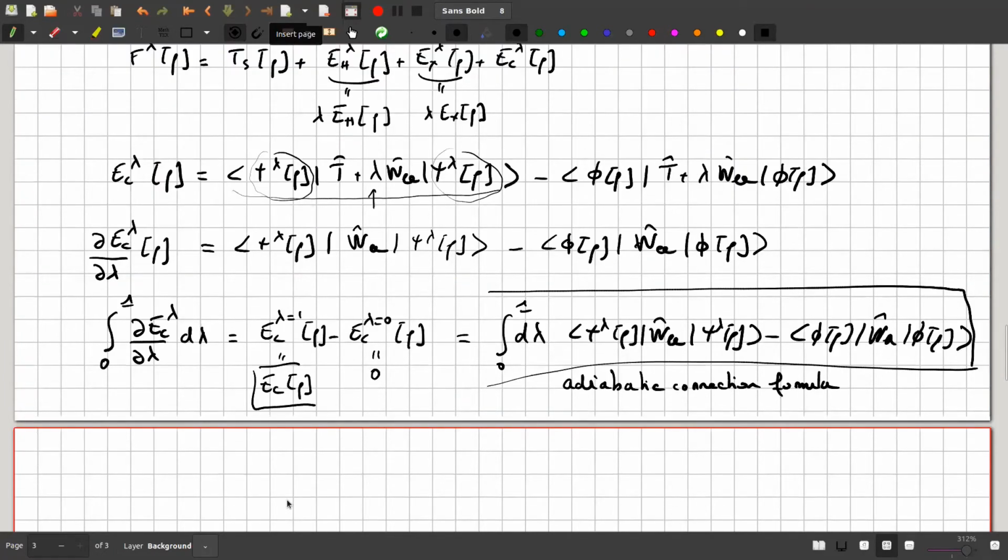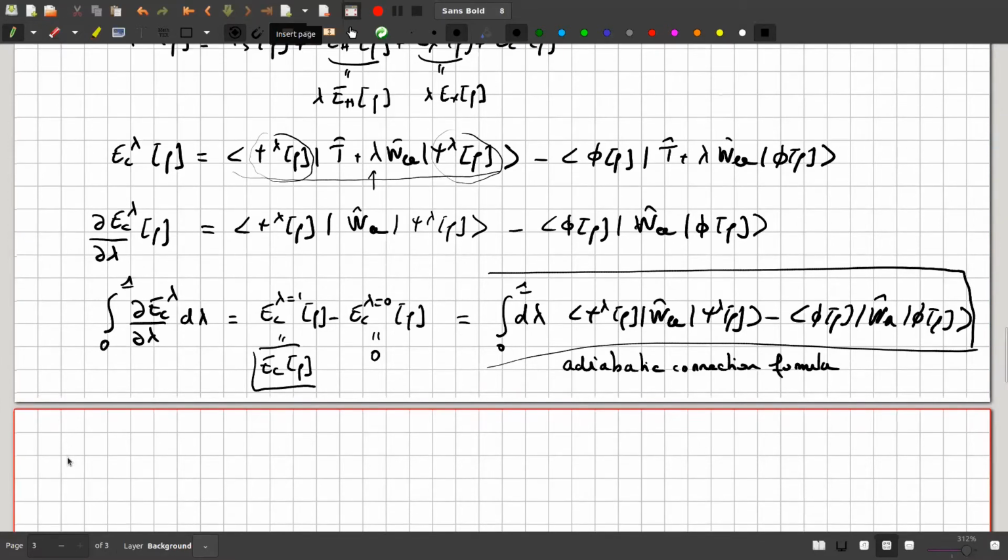Now, since we don't have anymore the kinetic energy contribution, well, it is included in some way, but it is included through this integral over lambda. We can write this expression only with the correlation hole associated to the wave function psi lambda.